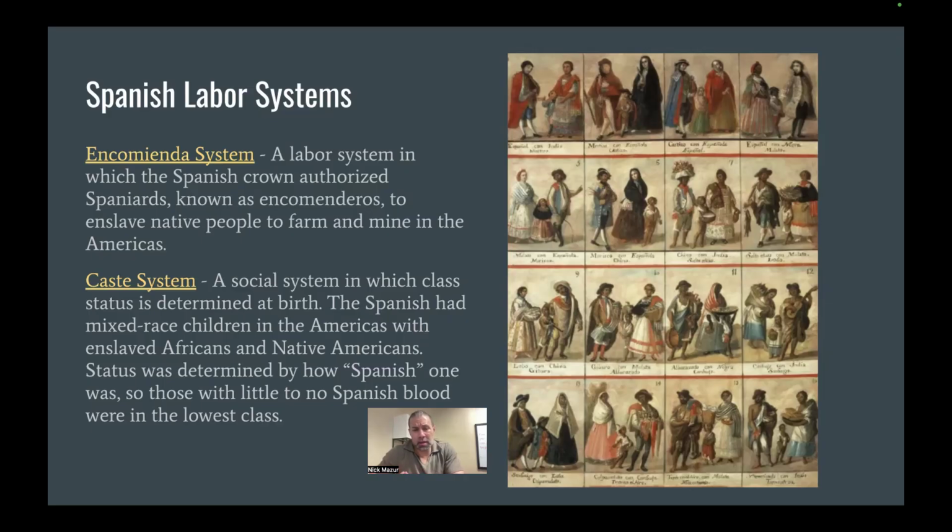And one of the first is what is known as the encomienda system, right? This is a Spanish labor system that was authorized by the monarchy, and it allowed Spaniards, people born in Spain, to basically find labor to run their farms, right?